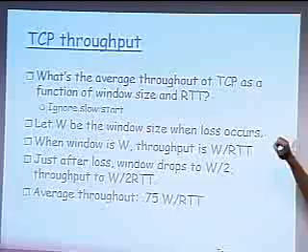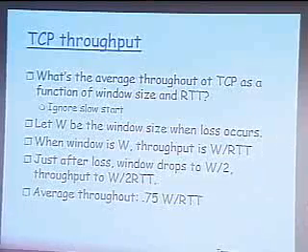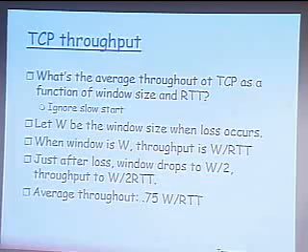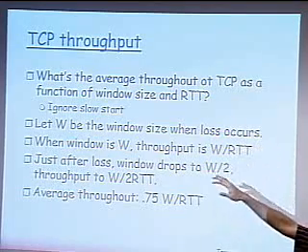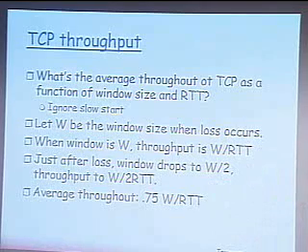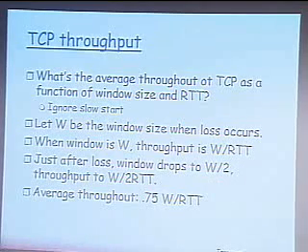Look at step 2 of this derivation. It says let W be the window size when loss occurs. How do you know what W is going to be? How can you characterize W?